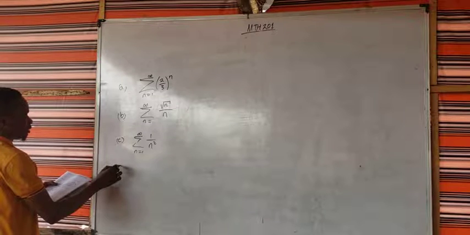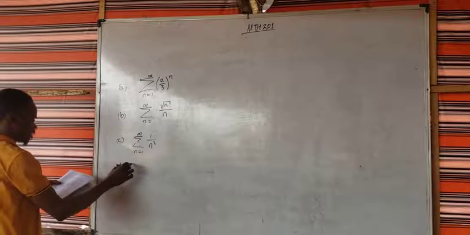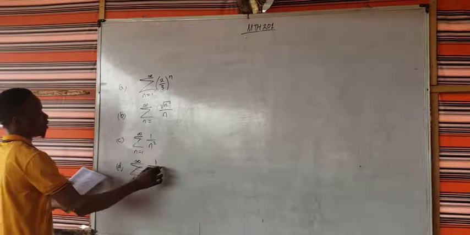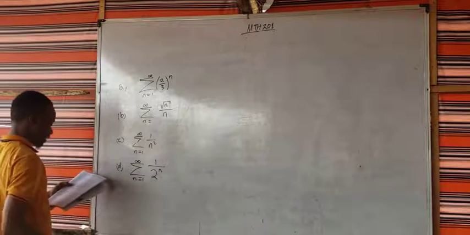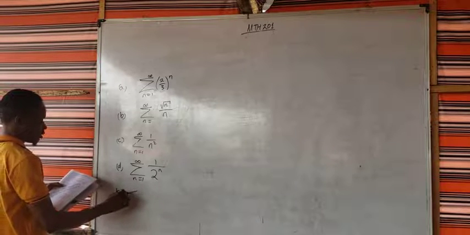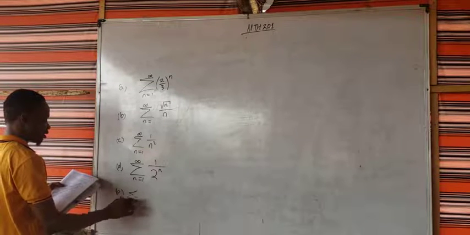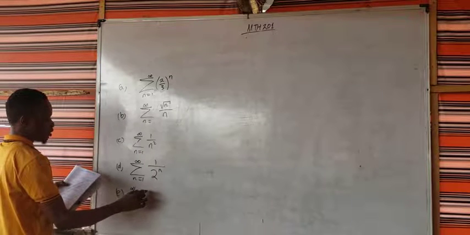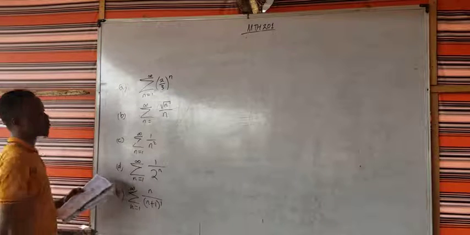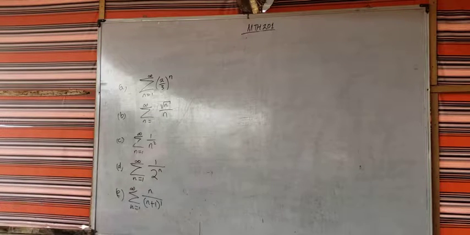D, the sum from n equals 1 to infinity of 1 over 2 to the power n. And E, the sum from n equals 1 to infinity of n over (n plus 1) factorial. Which of them diverges?